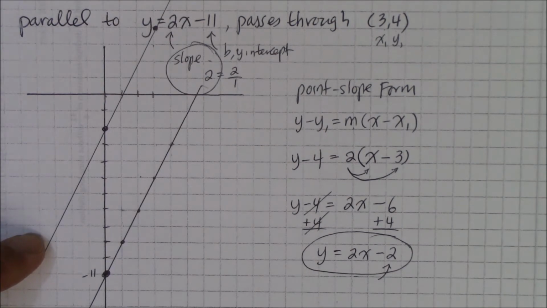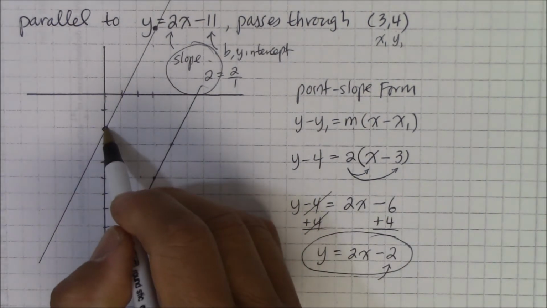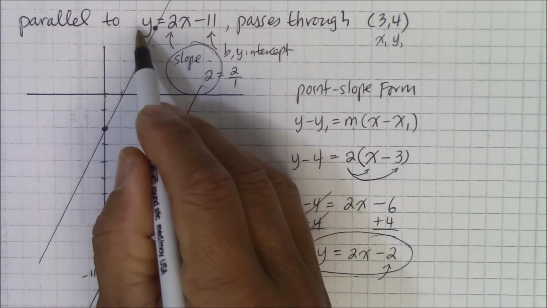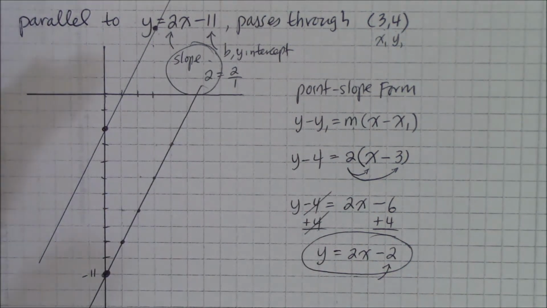From here, up 2, 1, up 2, 1, up 2, right there. Parallel, point slope form. Enjoy.